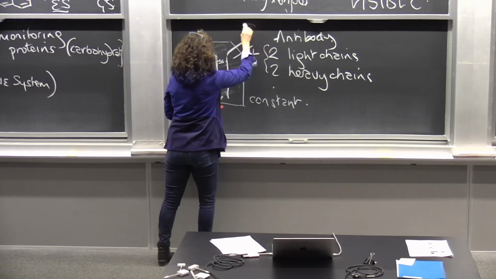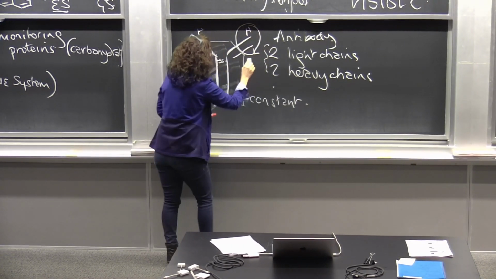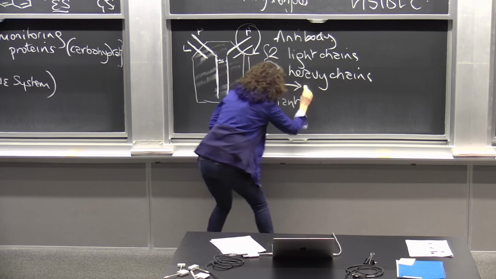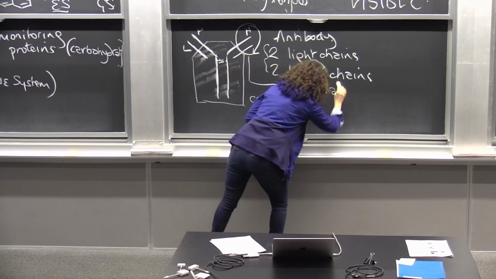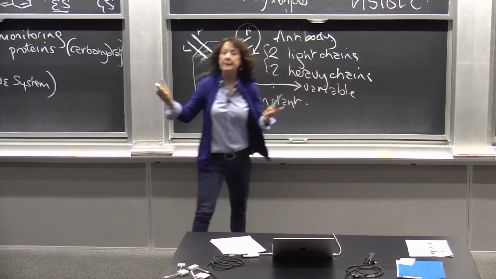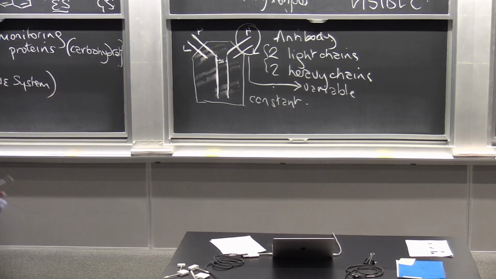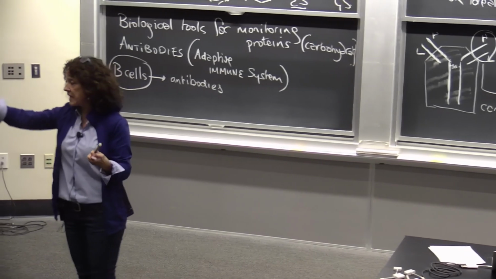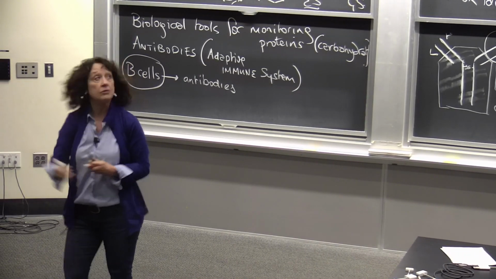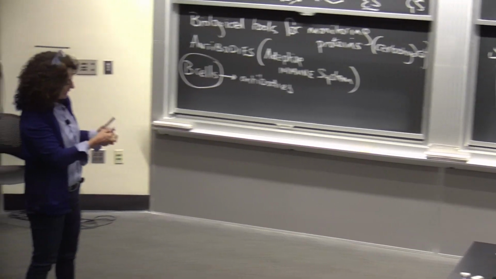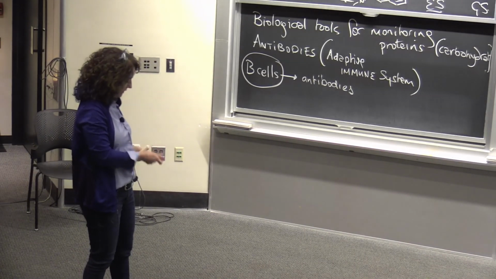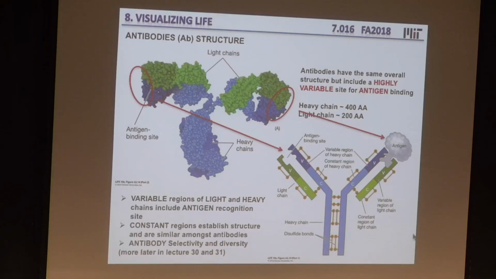But another part of the structure is variable. And when B cells mature, there's loads of rearranging in that variable section in order that it adapt to bind a target.